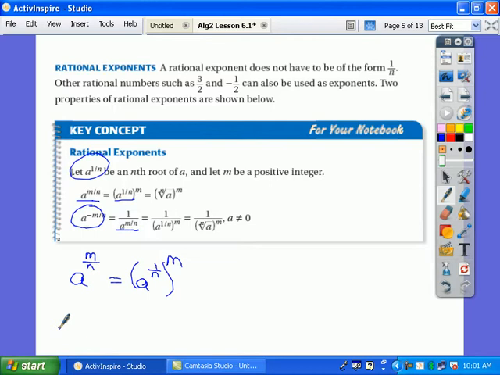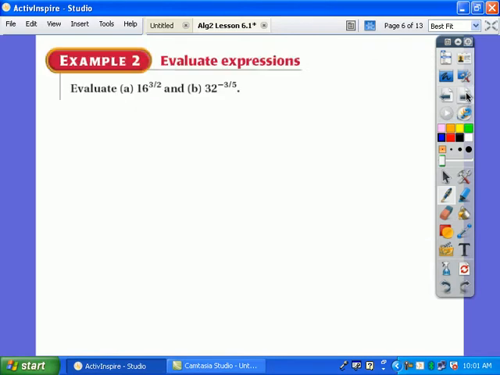All right. And so again, let's take a look at a few examples here. So here we have 16 to the 3/2 power and 32 to negative 3/5 power.